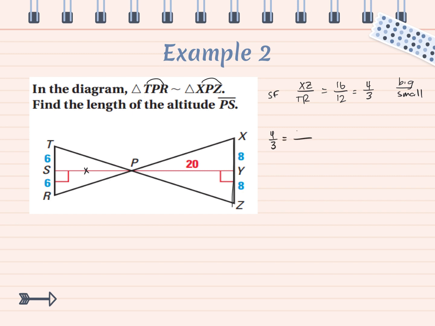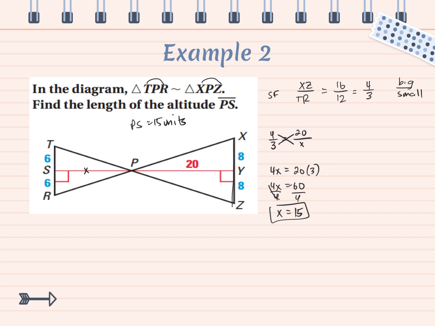I'm going to put the one on the right, or the bigger altitude, over the smaller altitude. And again, I'm going to just do the math. So 4x equals 20 times 3. 4x equals 60. And if I divide both sides by 4, I'm going to get that x equals 15. So I know that PS equals 15 units.